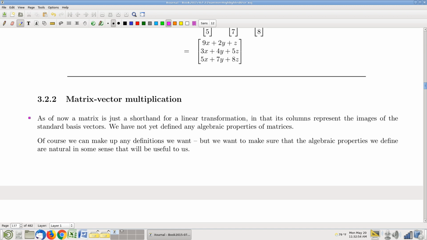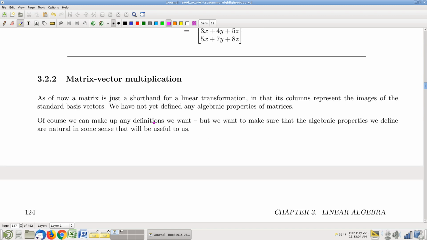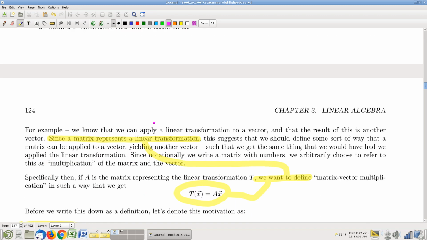Okay, so here's the case I'm going to make for y'all. And again, if you haven't seen matrix vector multiplication before, cool. I don't have to unfold anything. Keep in mind that a matrix is a shorthand representing a linear transformation. So if we want to ask, what does a matrix do to a vector?